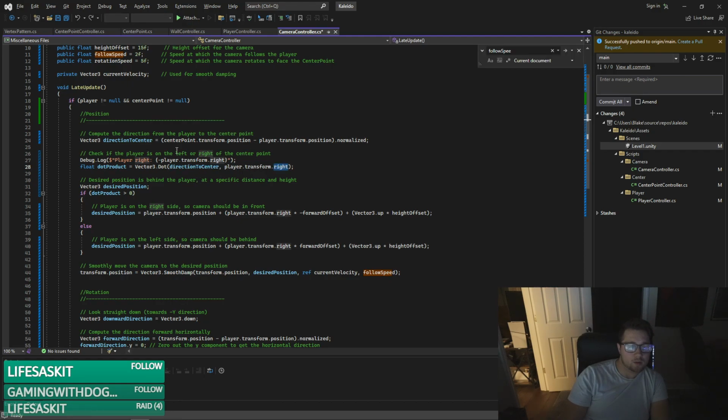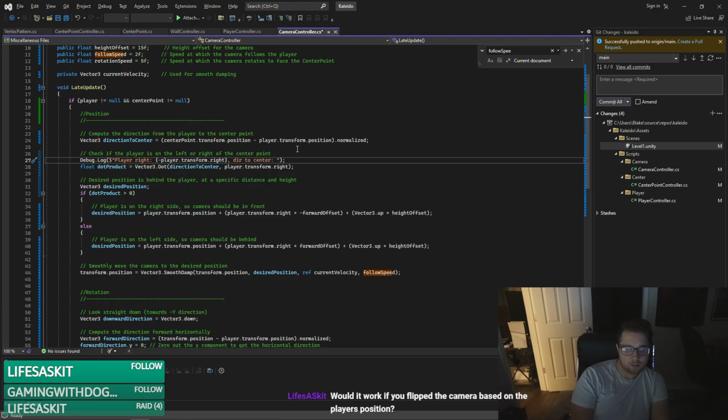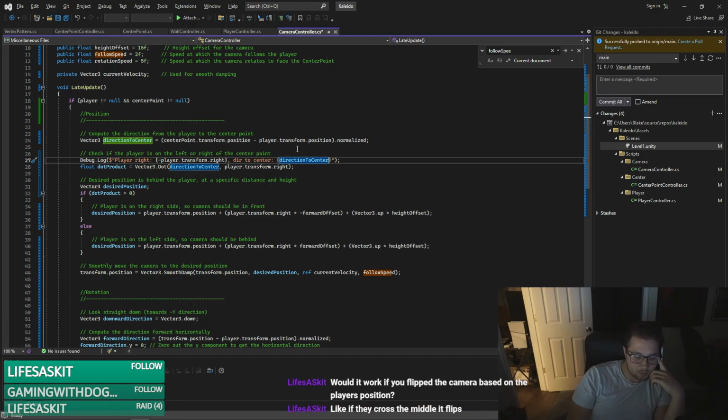Well, okay, wait. Would it work if you flip the camera based on the player's position? Yeah, that's exactly what I'm trying to do. The problem is I don't know how.